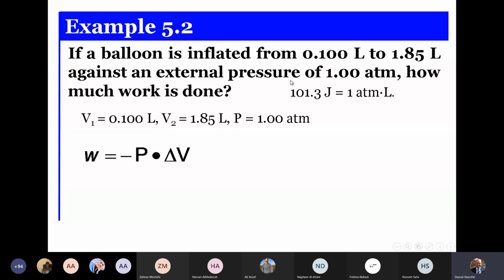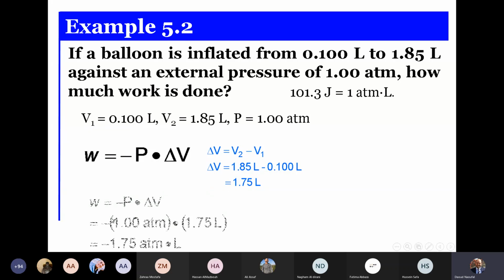So W equals minus P delta V directly, and delta V equals V final minus V initial, 1.85 minus 0.1, which equals 1.75. So W equals minus P delta V, equal to minus 1 atmosphere times 1.75, so it's equal to minus 1.75 liter atmosphere.